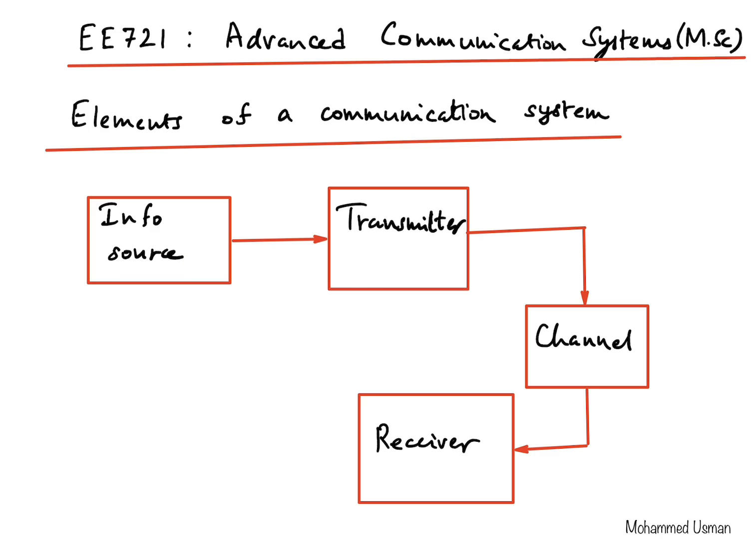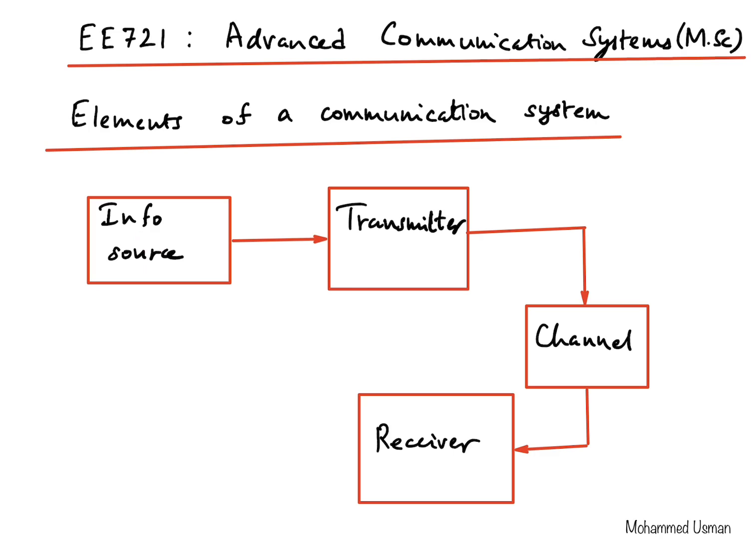Then that signal would be processed by the transmitter, and the processed signal would be transmitted over the channel. The receiver gets that processed signal and has to recover the original information signal and then pass it on to the output transducer, which will convert it back to the original form. For example, if it was sound, it has to convert it back to sound.